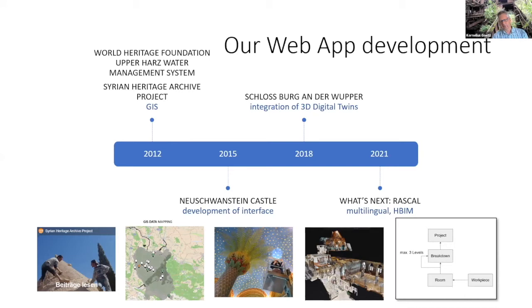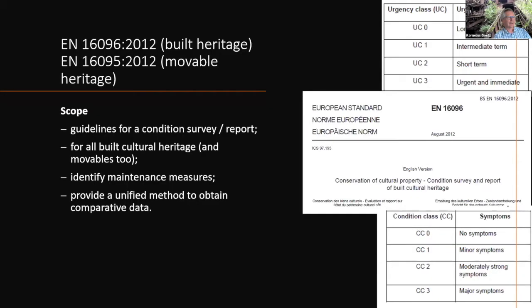And what's next? We call it Rascal. It's a code name for the next version. It will be multilingual and HBIM including. One backbone of our development are two European standards, the 60096 and 095 on built heritage and movable heritage.